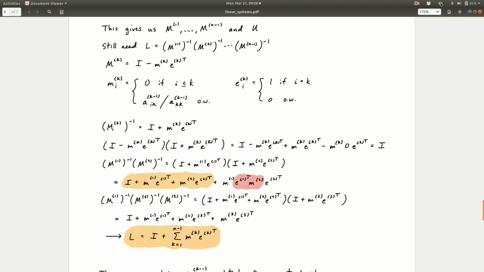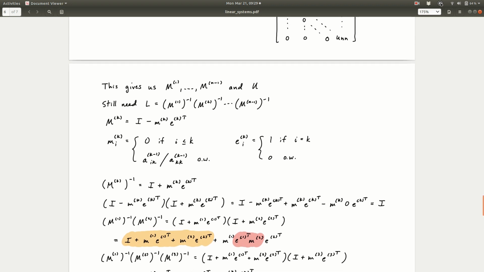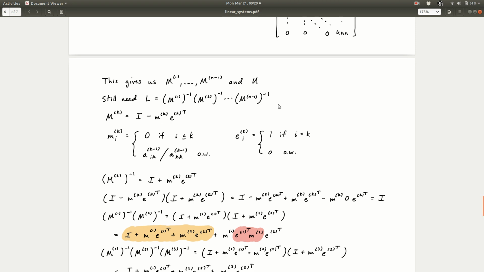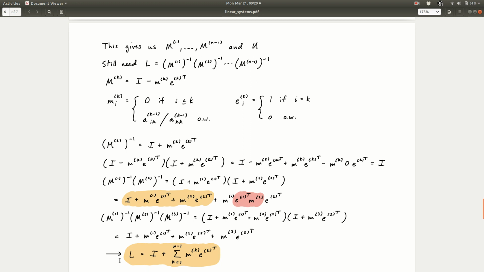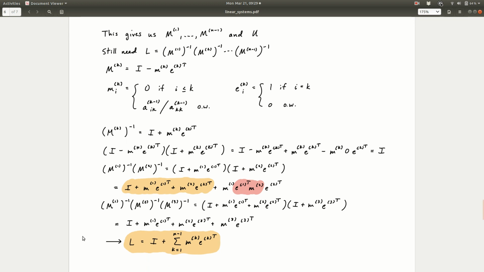And if you continue this pattern, you'll see that L is just equal to I plus these outer products. So what that means is we don't actually have to calculate the inverse. We just know what it is. And we don't actually have to do the matrix multiplications to calculate this product. We just know what they are in terms of the M's and the E's. So that's really convenient.